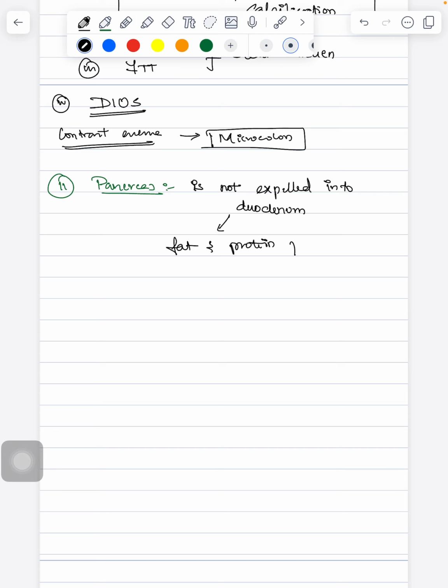Since your fat and protein are not being absorbed, the child can pass a very bulky, foul smelling stool. It is called steatorrhea.